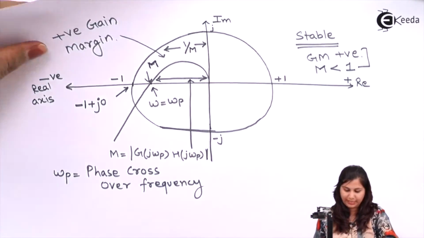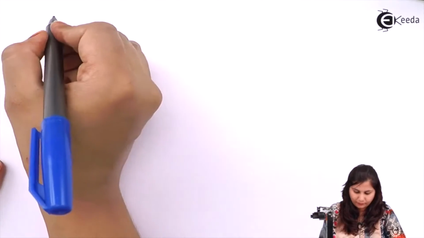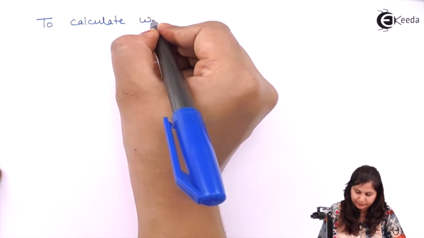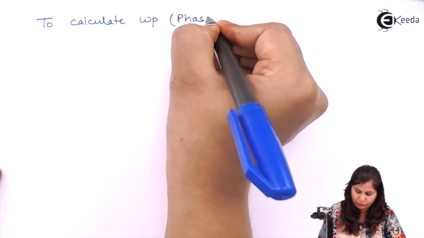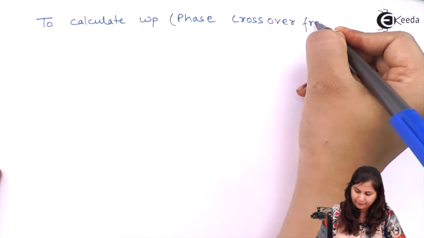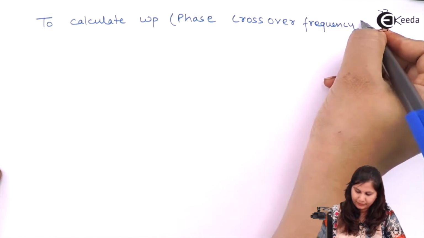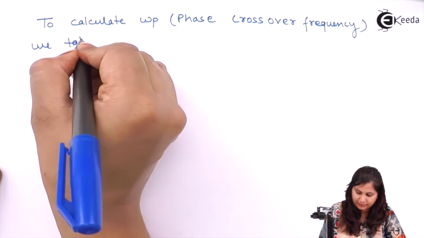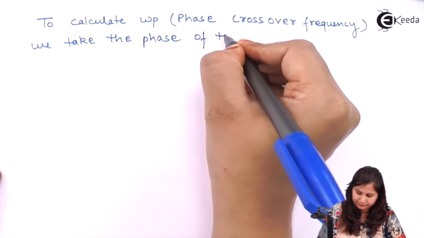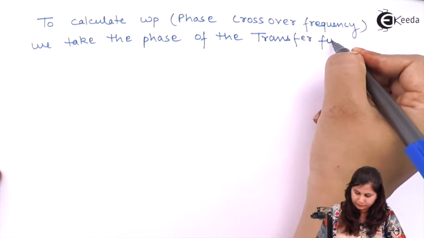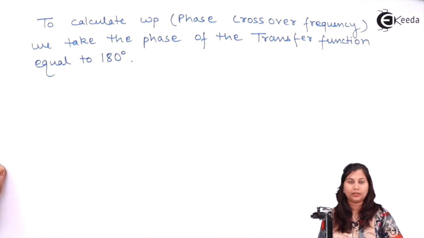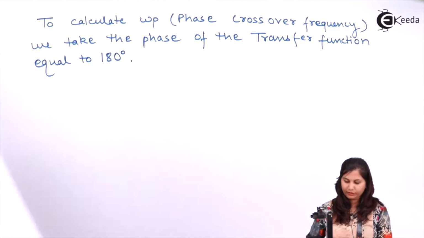Now, if we want to calculate the phase crossover frequency, we take the phase of the transfer function as equal to 180 degrees.